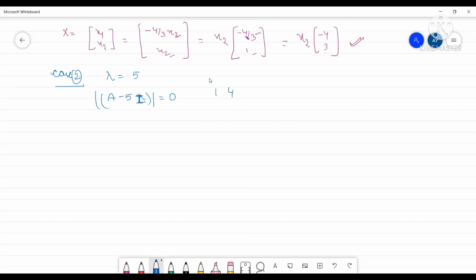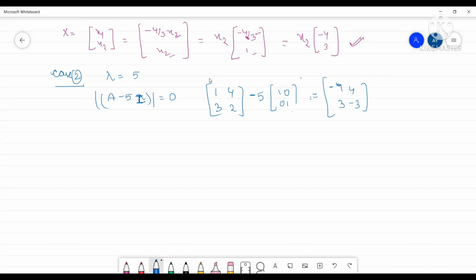So [1, 4; 3, 2] minus lambda, that is minus 5 times [1, 0; 0, 1]. So what is the matrix that you'll actually get? No, you don't have to put determinant over here because we are just normally finding that one. So what will you get? This is equals to [minus 4, 4; 3, minus 3], right?